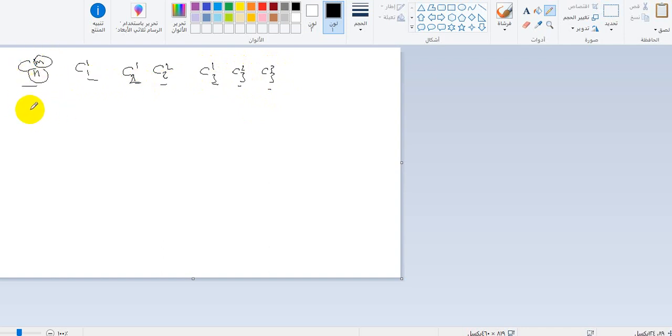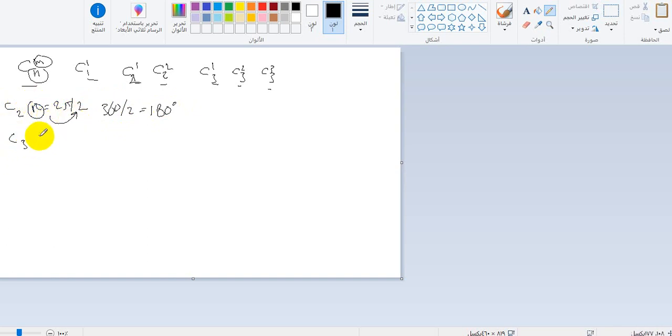Okay, n equals 2 pi over 2, that is 360 over 2, equal to 180 degrees. This is C2 when n equals 2.